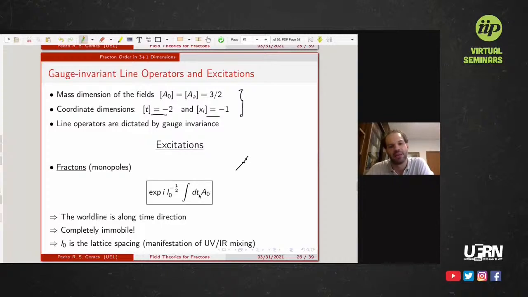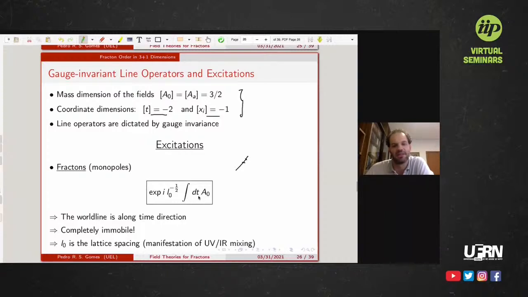We see two important properties here. The first one is that this represents the trajectory, the world line, of a particle only along the time direction. So it's a completely mobile particle. We used to call this a fracton. It's a monopole.